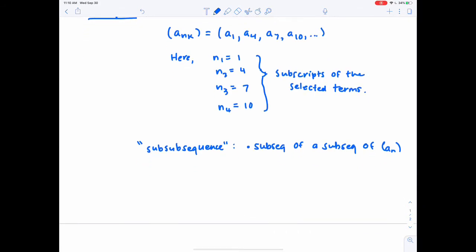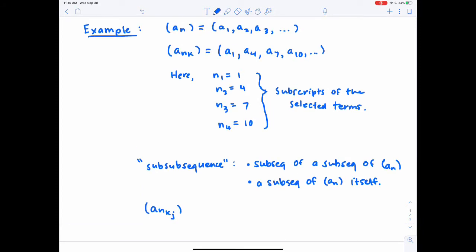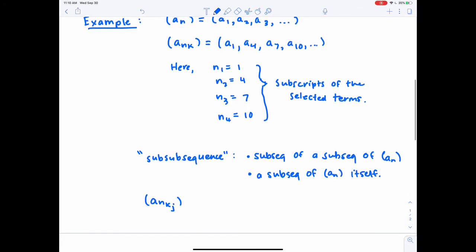And technically it's also a subsequence of a_n itself. The way you denote it would be a_{n_{k_j}}, and that's letting us know that first we're going to go from a_n down to a_{n_k} and only look at the terms in a_{n_k}, and then from that we're going to define a subsequence from that subset of values. So I could pick a_1, maybe I'll pick every other term, a_1, a_7, a_13, etc.